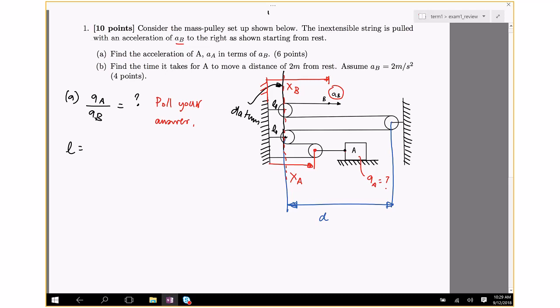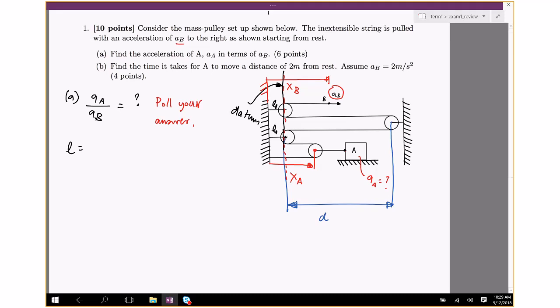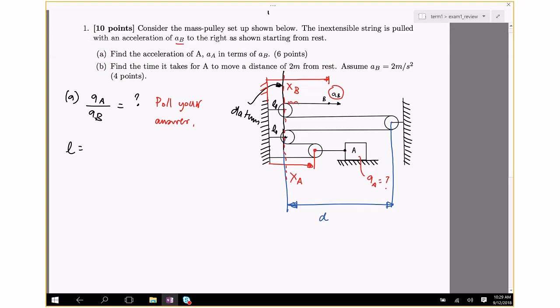So let's set up an equation for the length of the cable. We have the first part, the topmost part here. That's xb. Then there is this part and this part, which are the same length. This is the distance between the two walls, and that does not vary with time.